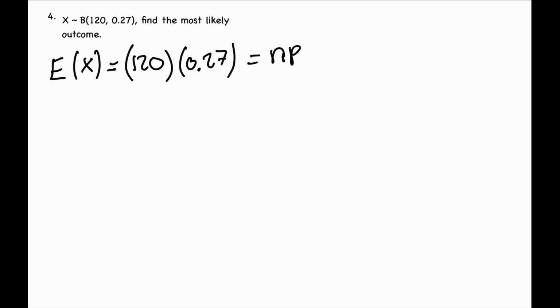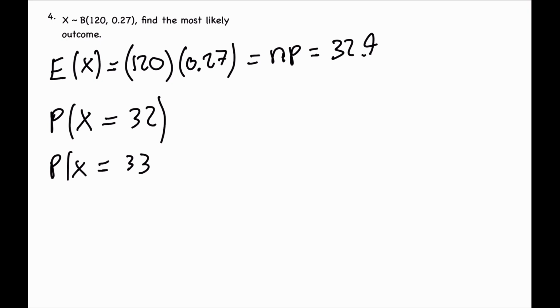So in this case, we're going to just find the expectation first. E of x is equal to 120 multiplied by 0.27, which is just np, which is equal to 32.4. And here we're getting a decimal outcome. So what we're going to do is test whether P of x is equal to 32 is greater, or P of x is equal to 33 is greater.